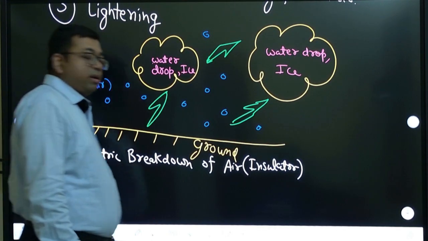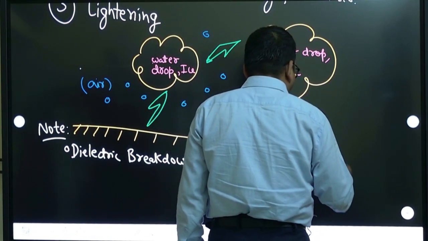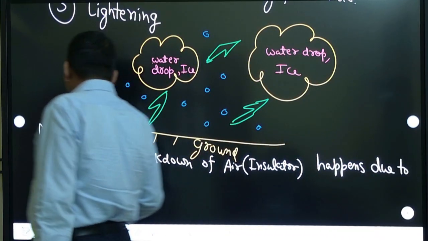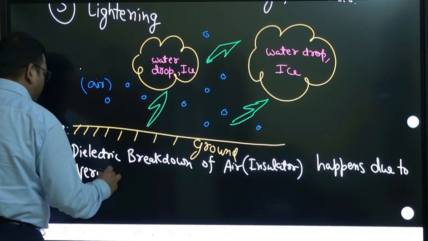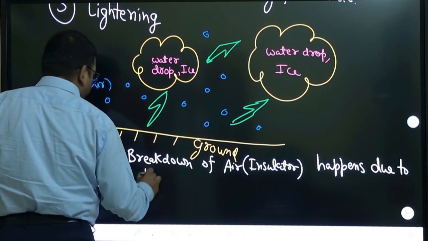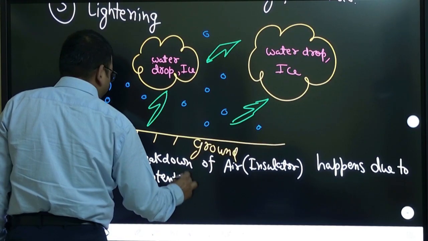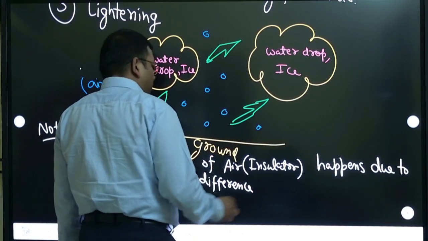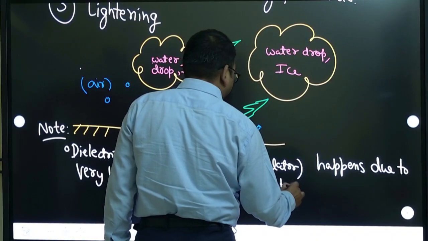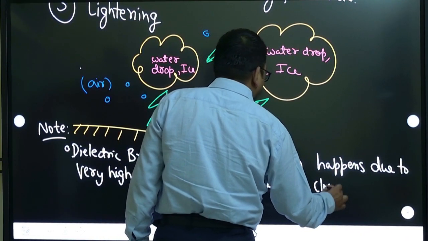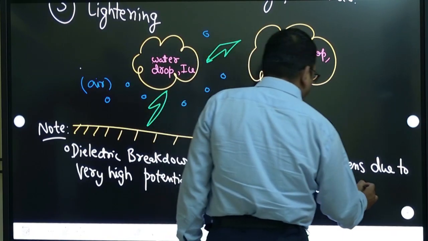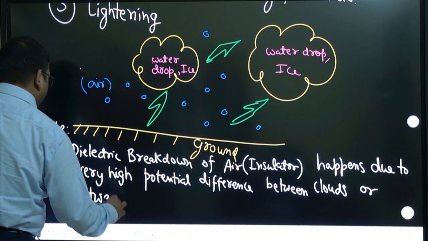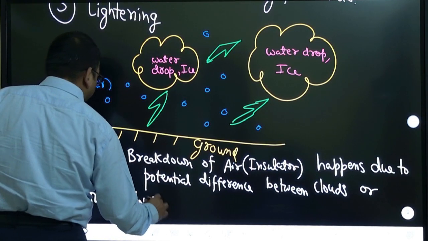Dielectric breakdown of air happens due to very high potential difference between clouds or between clouds and ground.